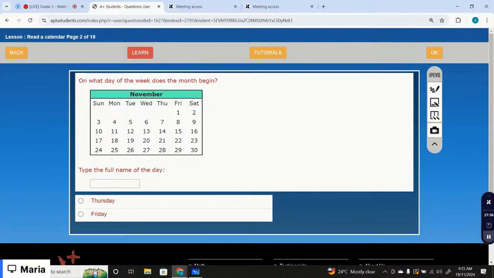On what day of the week does the month begin? So, which is the correct option? The month starts on the first, and you have to see what day of the week the month begins.